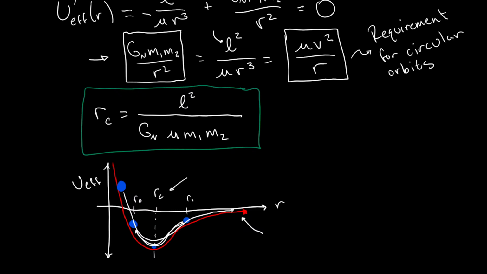And you see there's some sort of magic value of the initial effective potential energy where it just makes it to infinity, right? When U effective is 0, it's going to just barely make it to infinity.